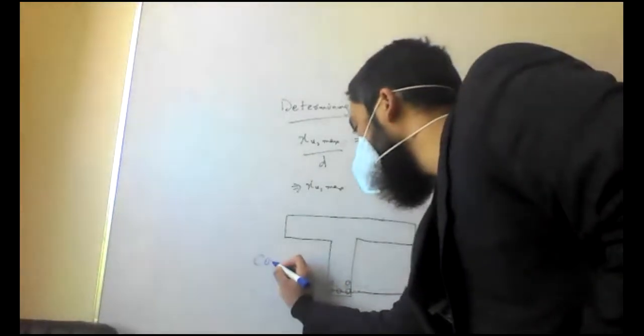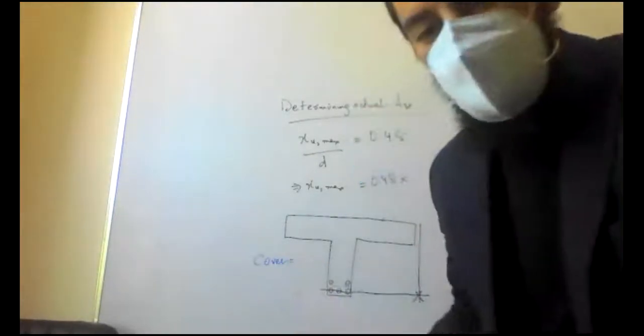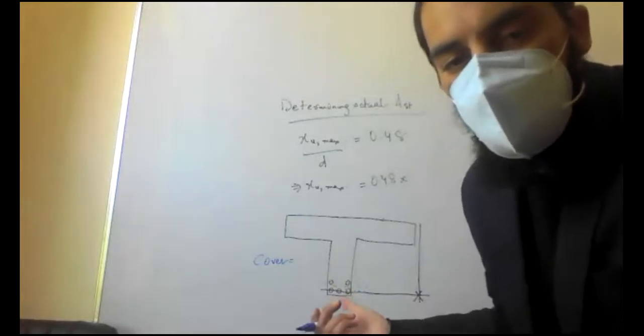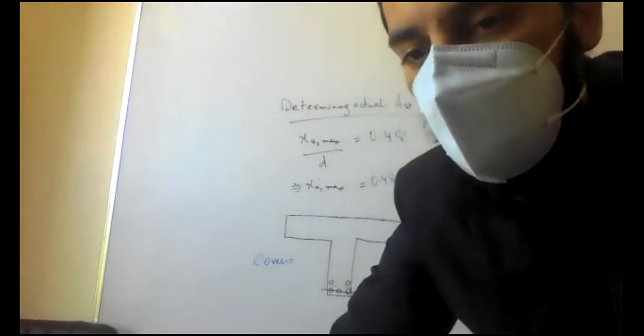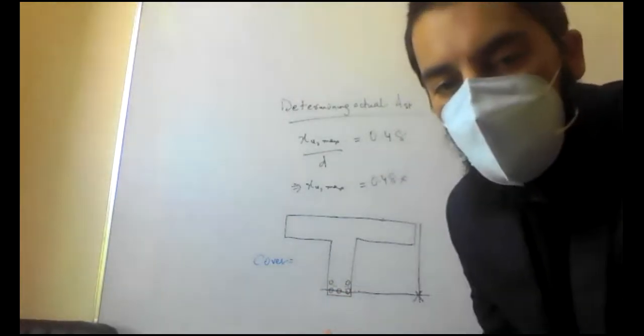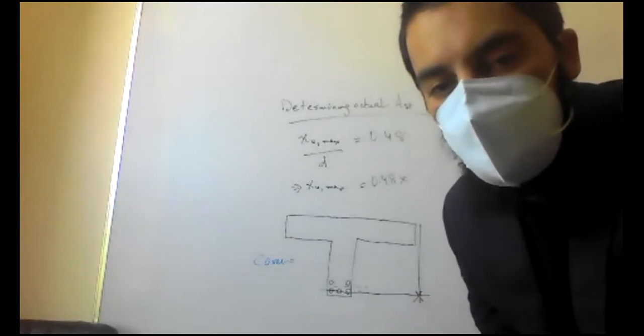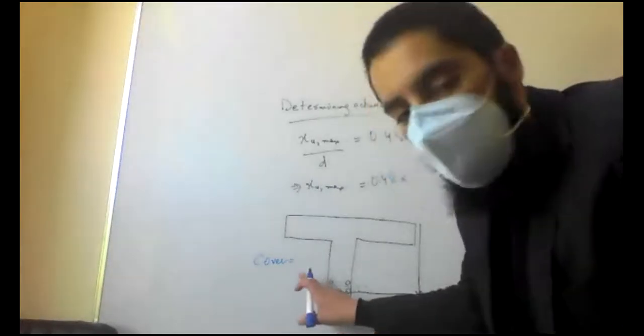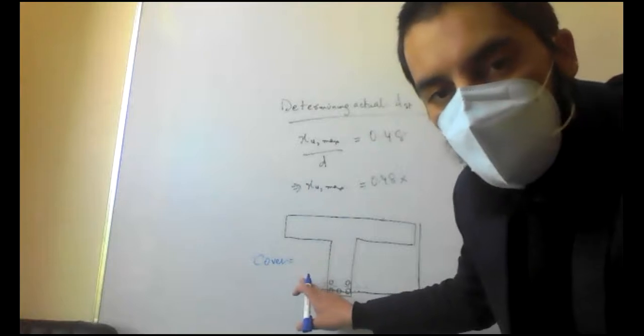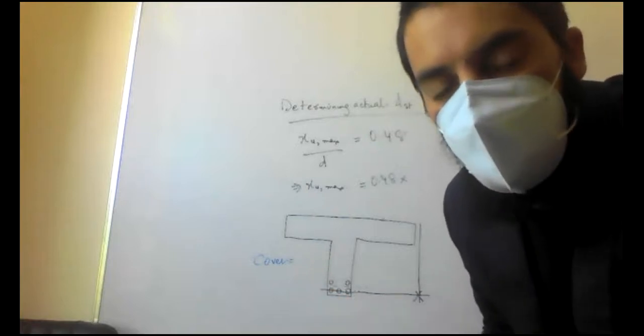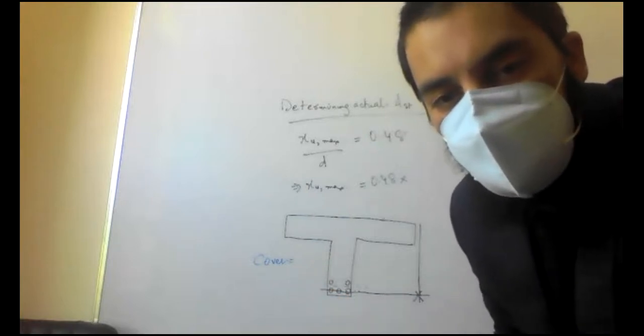If you have cover to this beam, and you are providing the cover of, for example, let's say, how much will you provide in this? Was there anything given, moderate exposure, in the question?